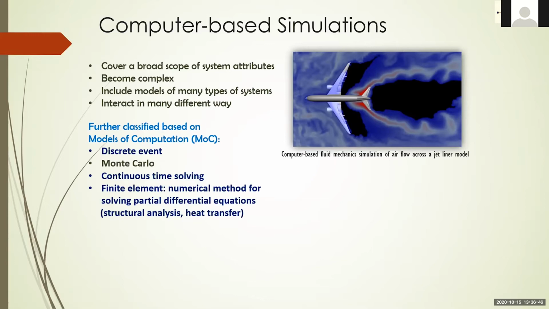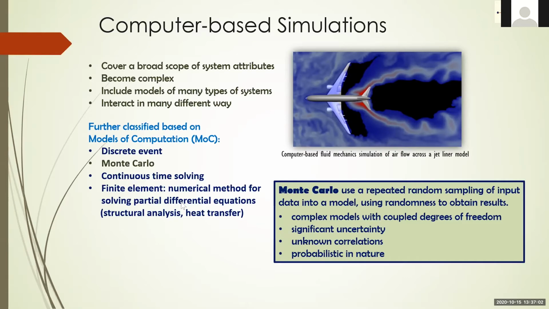Now, those models can be further divided. So those models of computation into discrete events, Monte Carlo events, continuous time solving models, and finite element models. Let me elaborate a little bit more on the Monte Carlo, okay?